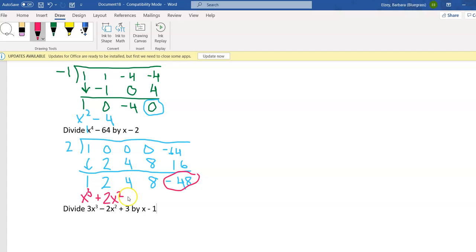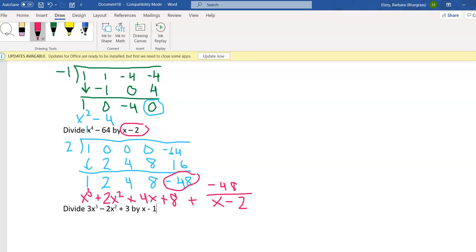This is our x place, so that's 4x. And then this is just our constant 8. Now, what we do with a remainder is we take the remainder, negative 48, and put it over the divisor. That's this. So there's our answer to that division problem.